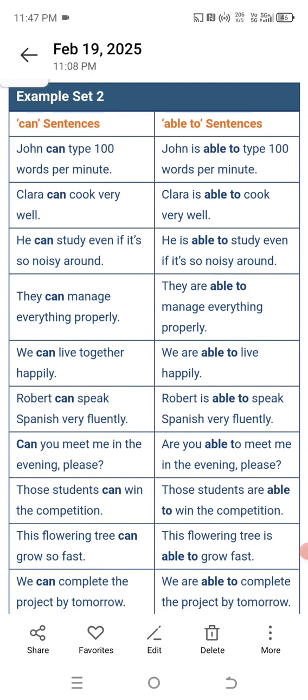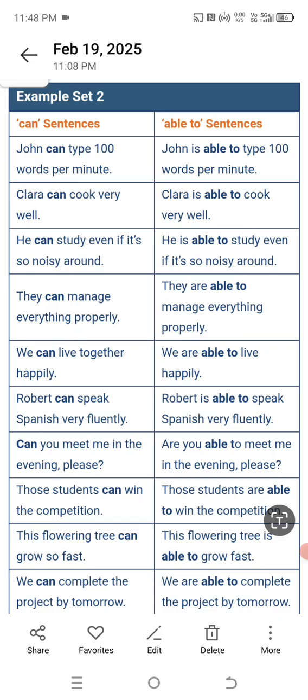Here are also some more examples of how to use able to in the can sentences. John can type 100 words per minute. Here John is a noun and he is a third person, and in the given example "can" is used, and that's why we have to take the to be's present form correctly according to the subject of the sentence.